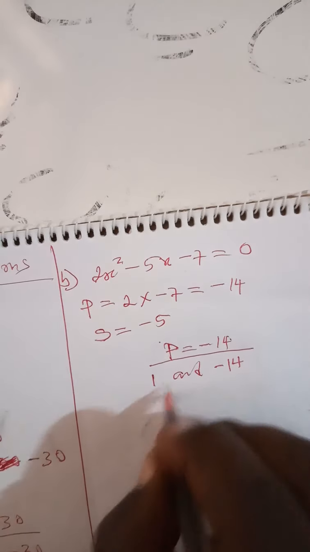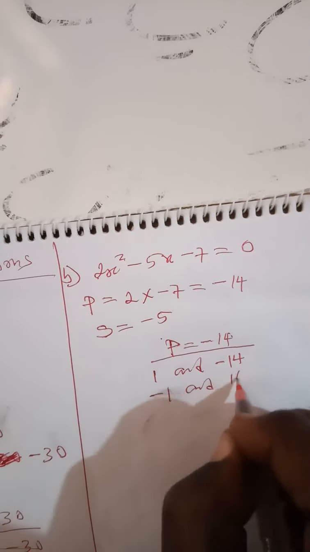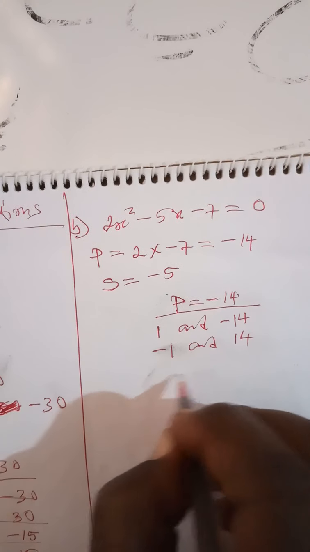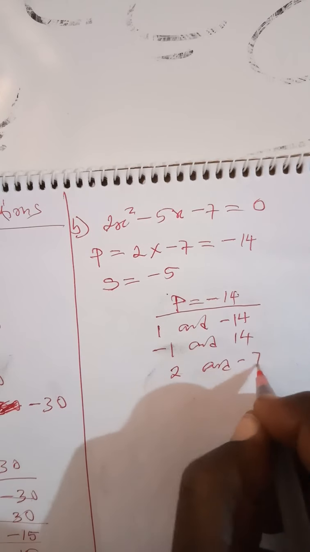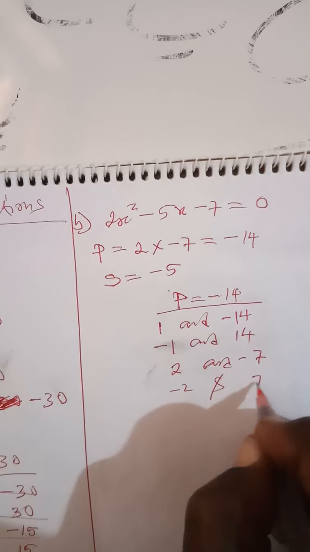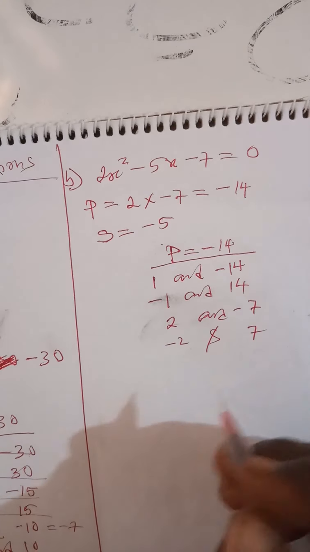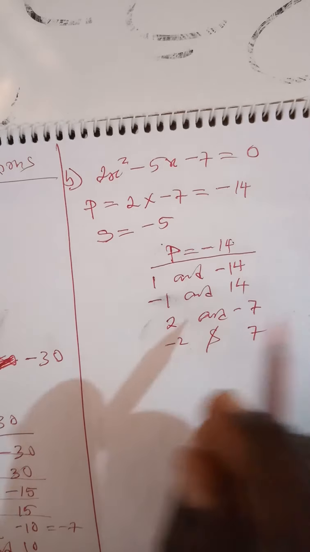I can switch the signs, minus 1 and 14. So I can take again, 2 can go in 14. So I use 2 and minus 7 or minus 2 and 7. These are all the factors if you look at it. 3 cannot go, 4, 5, 6 cannot, 7 can go. I've used 7 already and so on. So these are all the factors.